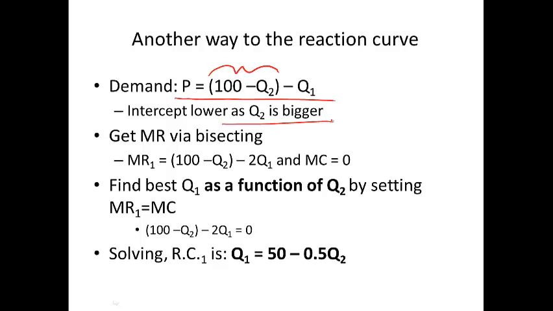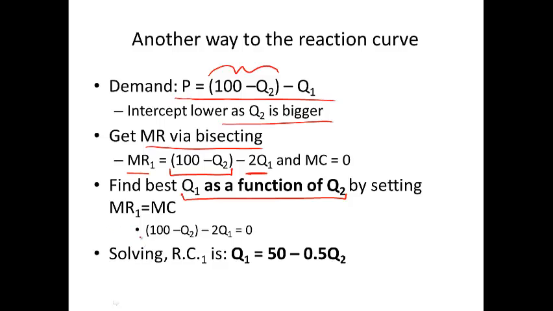Well, thinking about the demand curve as P equals an intercept minus a slope times Q1, we can just get the marginal revenue by bisecting the demand curve. So what we can do is say that MR1 equals that same intercept minus 2 times Q1. MC is still equal to 0, so we can find the best Q1 as a function of Q2 by setting MR1 equal to MC.